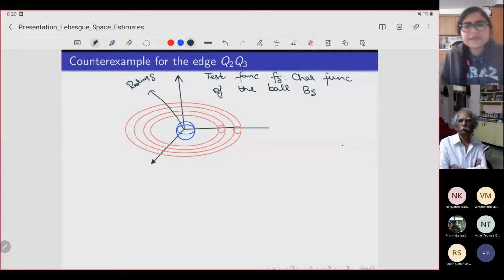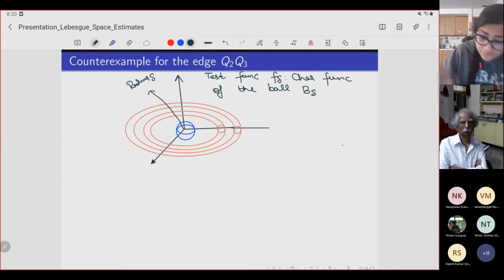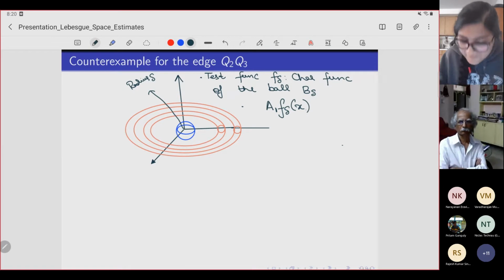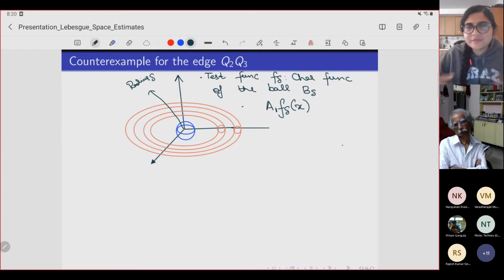And now let's first consider a single radius, single averaging operator, and then we will look at the maximal function. So let's look at the average over a sphere of radius 1. So I'm taking an average of F delta on a sphere centered at X, and this sphere is of radius 1. And now my question is, for which points would this average be large?